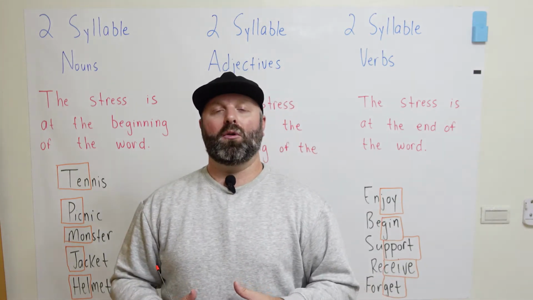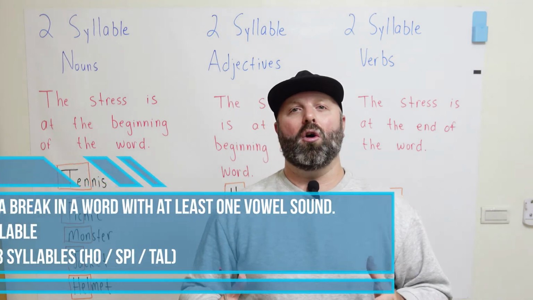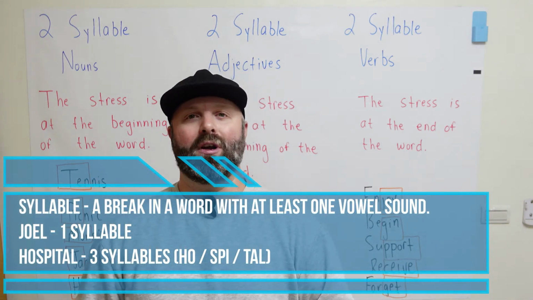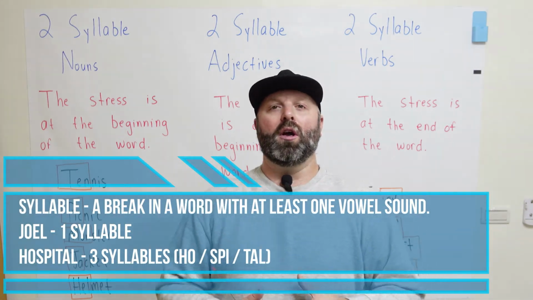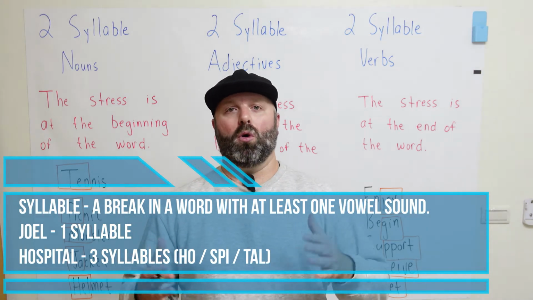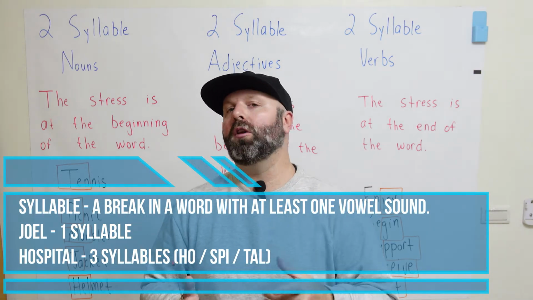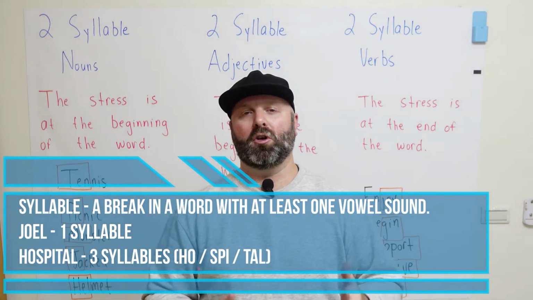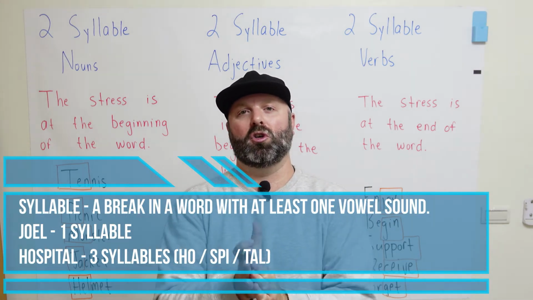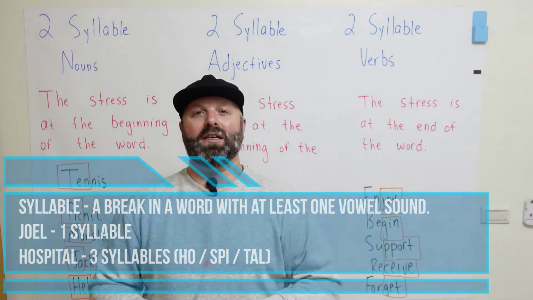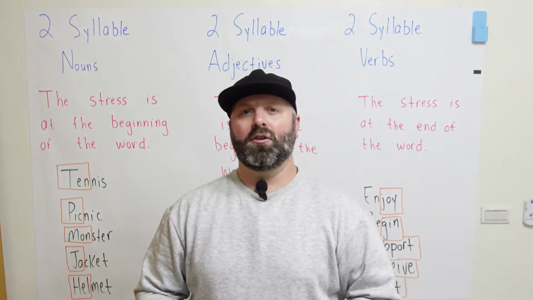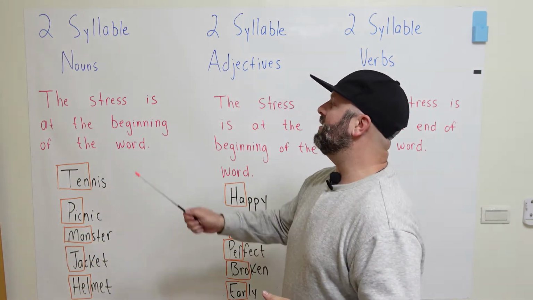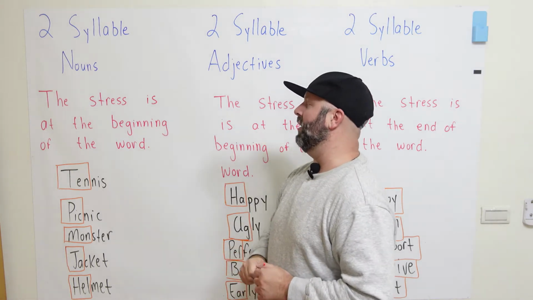Of course, the vowel is A, E, I, O, U, and depending on the word, sometimes Y. So, for example, my name Joel is 1 syllable, okay? But let's look at the word hospital. Hospital. That's 3 different syllables, okay? So just remember that. Now let's take a look here for two-syllable nouns.